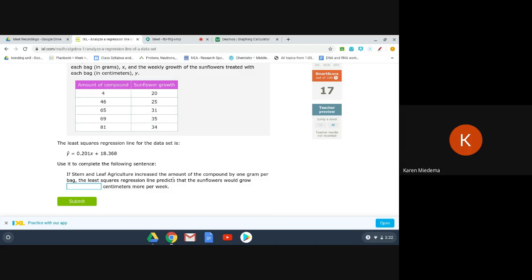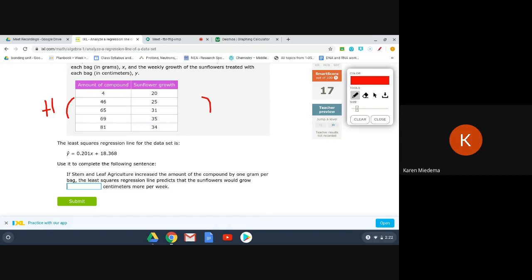So what this question is asking is that on average, every time the x value is increased by 1, what happens to the y value?